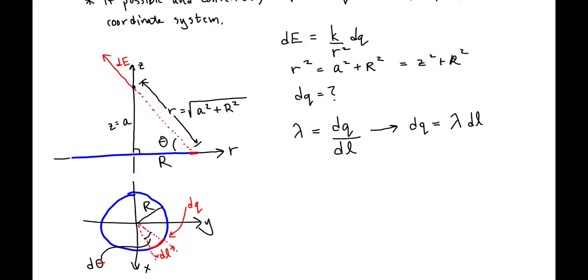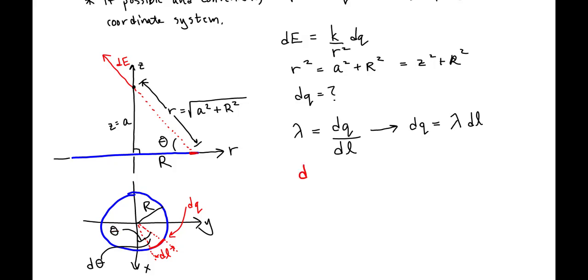Theta is the angle from the positive x-axis to our charge, and our tiny bit of charge spans an arc length of d theta, a tiny bit of angle.